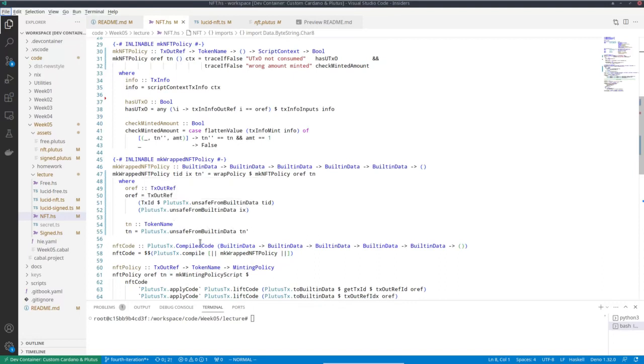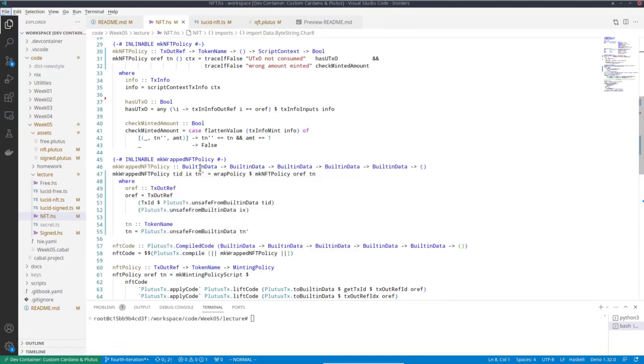In the case of token name, the string or byte string constructor of data is used, whereas in the case of transaction ID, there's an additional layer of indirection. There it's an object which uses a constructor with one field, and that field is a built-in byte string. I have no idea why these two types that are very similar, both new type wrappers around built-in byte strings, are serialized differently. But because of that, my treatment of the transaction ID looks a bit different from my treatment of the token name.